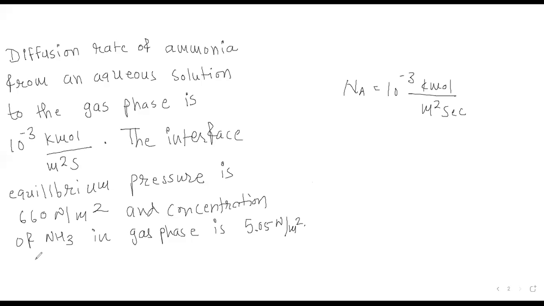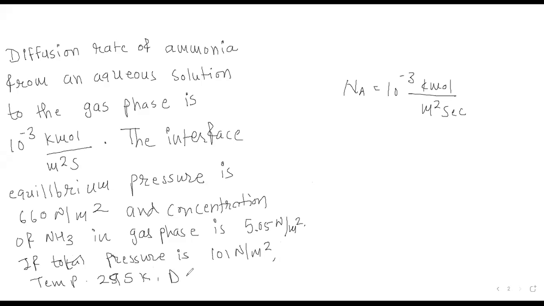Then if the total pressure is 101 Newton per meter square, the temperature is 295 Kelvin, and D is equal to 0.24 centimeter square per second, then find out, what do you have to find out?